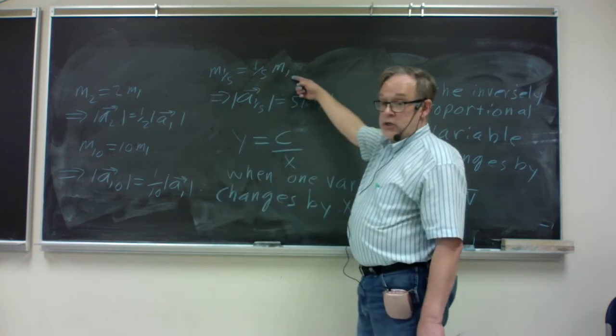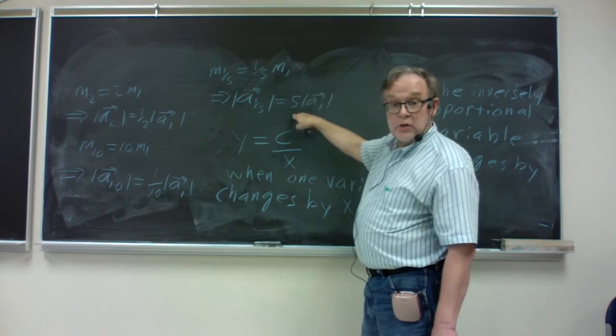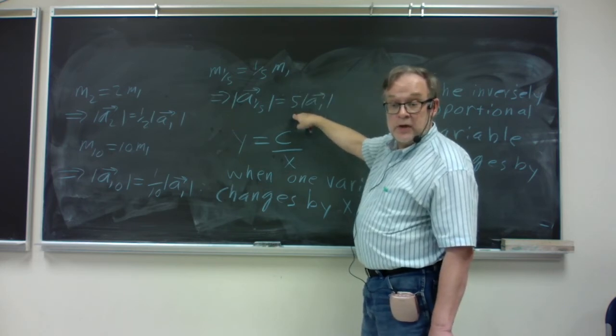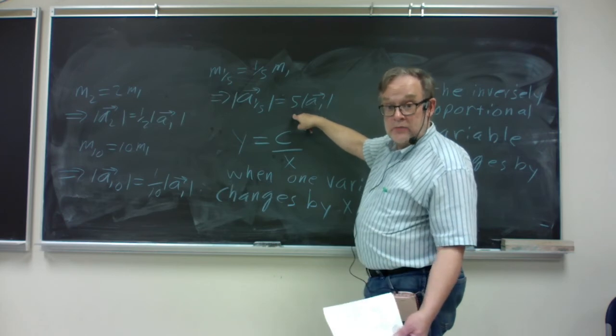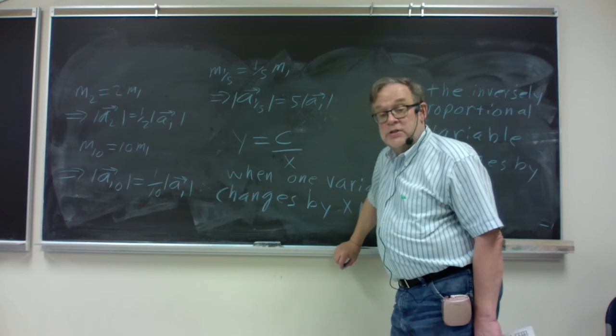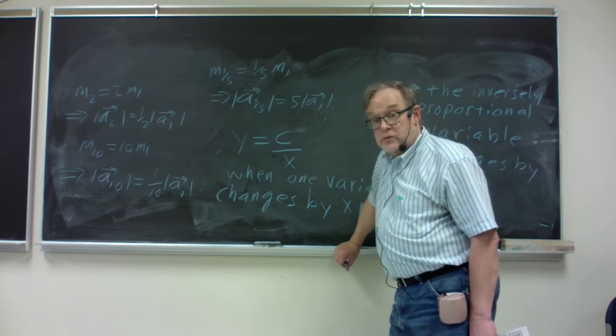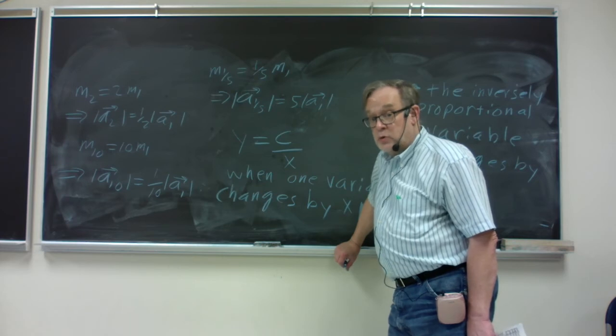And then if mass changes by a factor of 1/5, acceleration must change by the inverse factor, 5. When one variable changes, the other variable changes by the inverse of that factor. That's inverse proportionality.